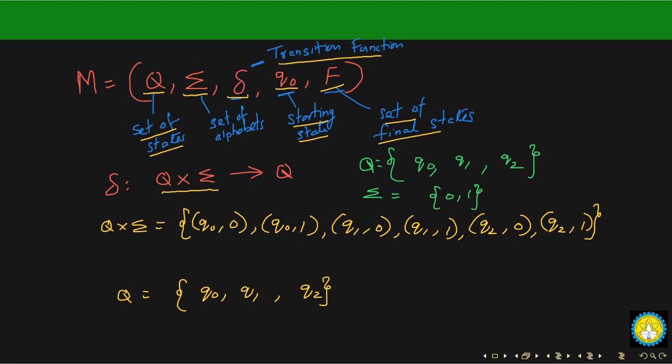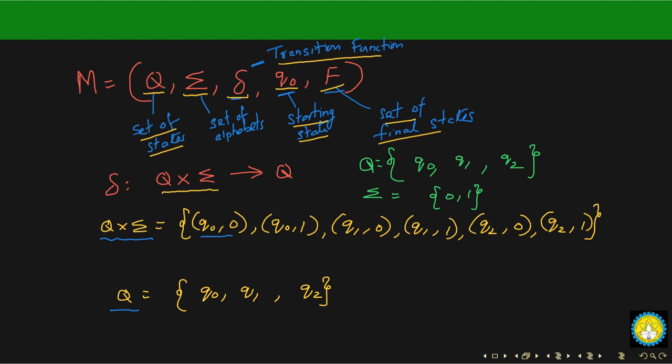So this function is a mapping from Q cross sigma to Q itself. Since it's a function, if you take one element of Q cross sigma and map it to Q, the mapping should contain only one image.